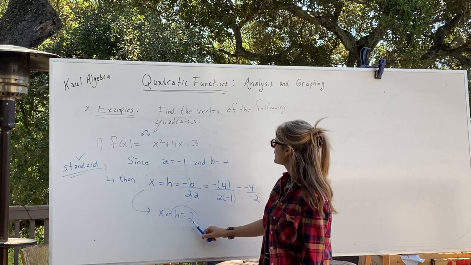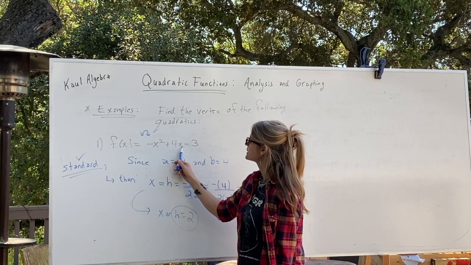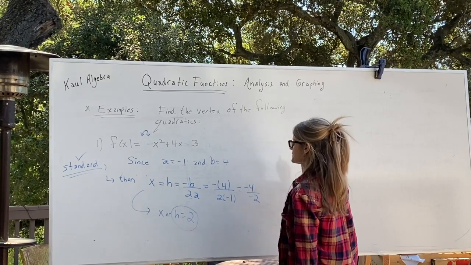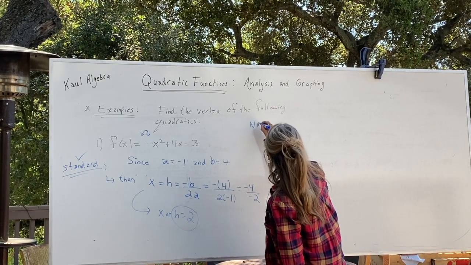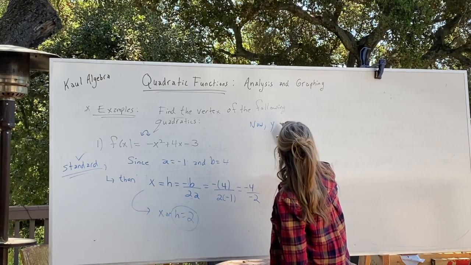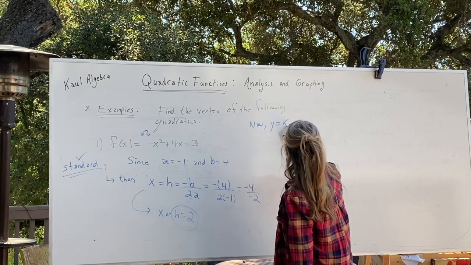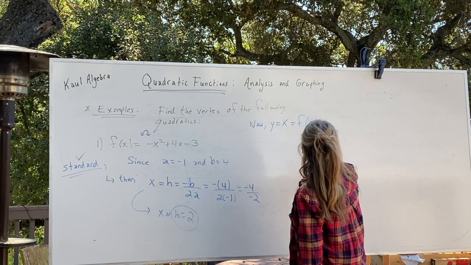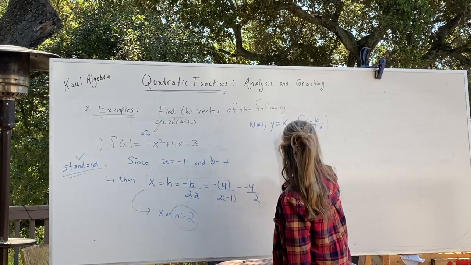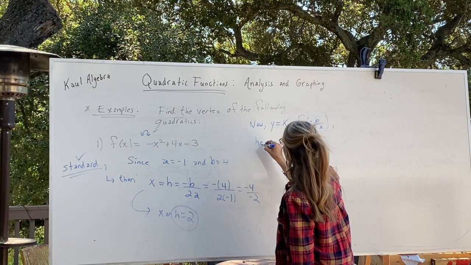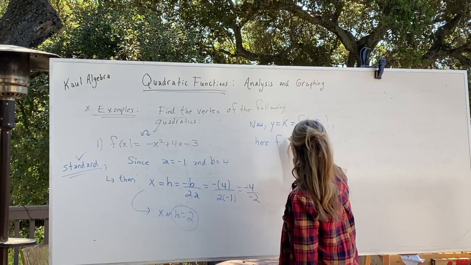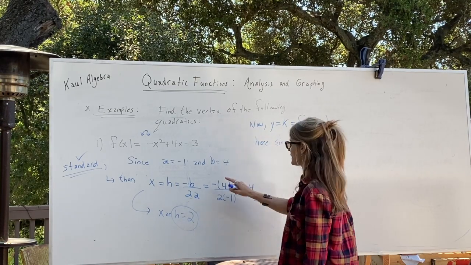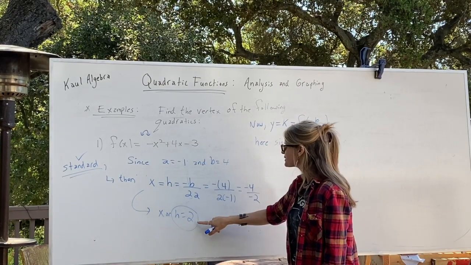plug that 2 into my x values and find the output, which would be the y value of the vertex. So now the y, which is equal to the k value, will equal f of negative b over 2a. Here we want to find out what f of positive 2 is.